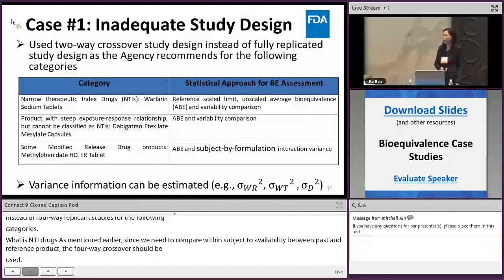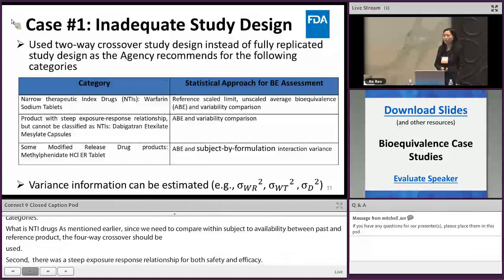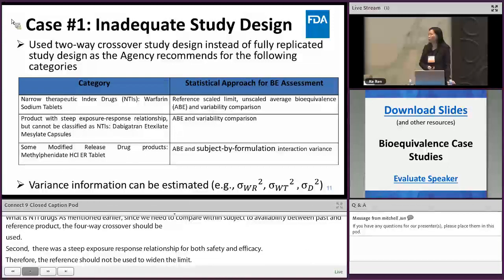Therefore, the reference-scaled BE should not be used to widen the BE limit. The applicant should use average BE with 80 to 125% criteria.